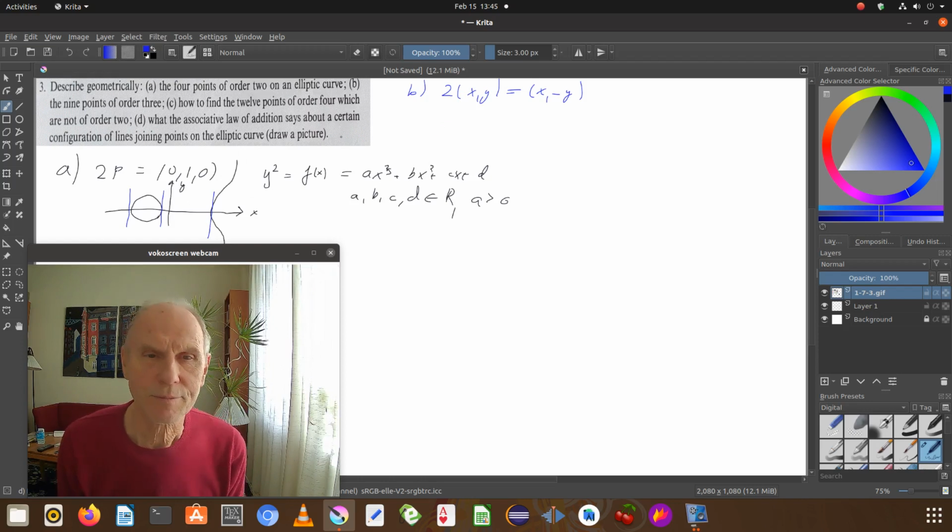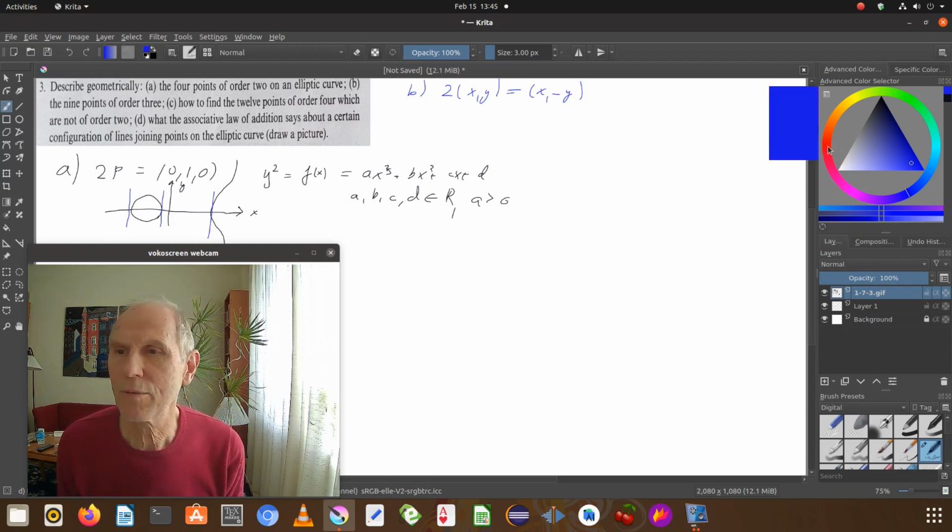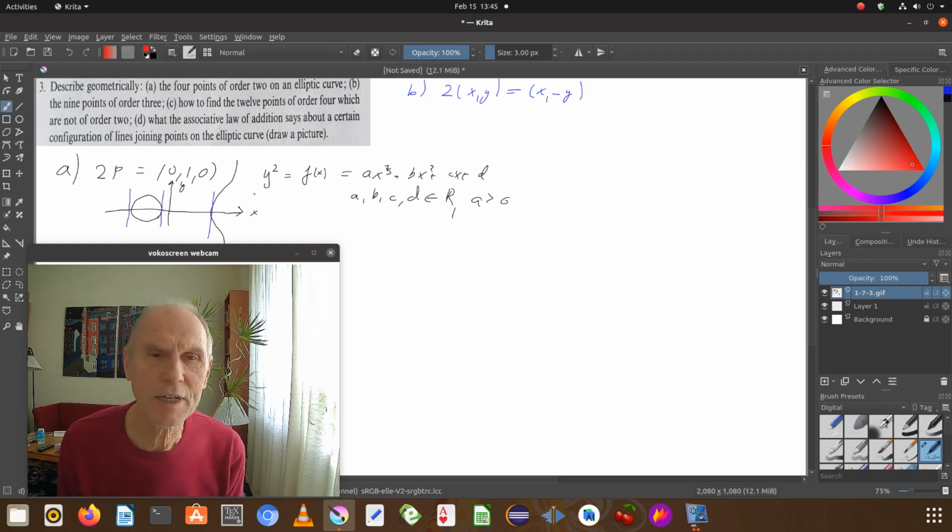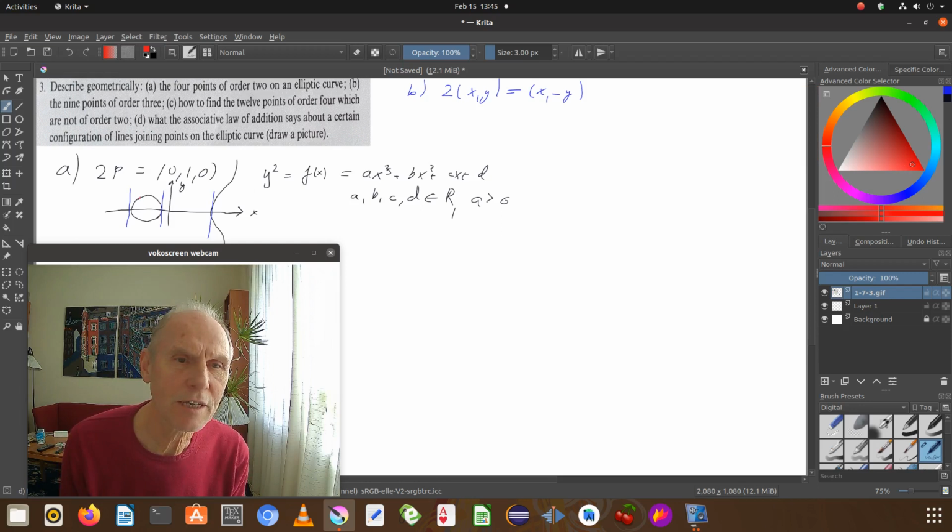So that means that when we take the tangent, let's say we take the tangent here, it will intersect up here, so the result is down here.